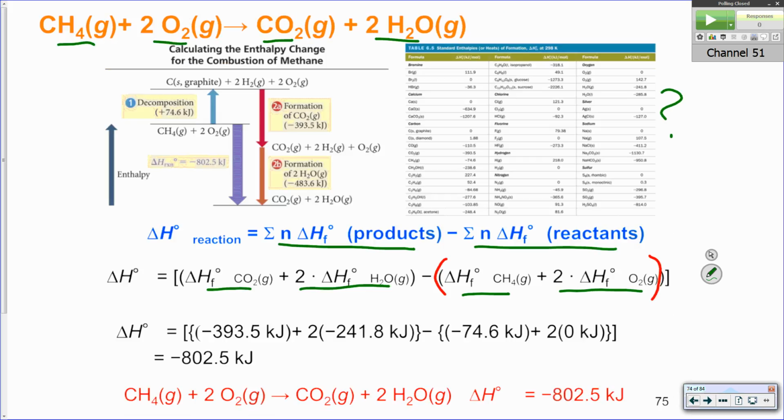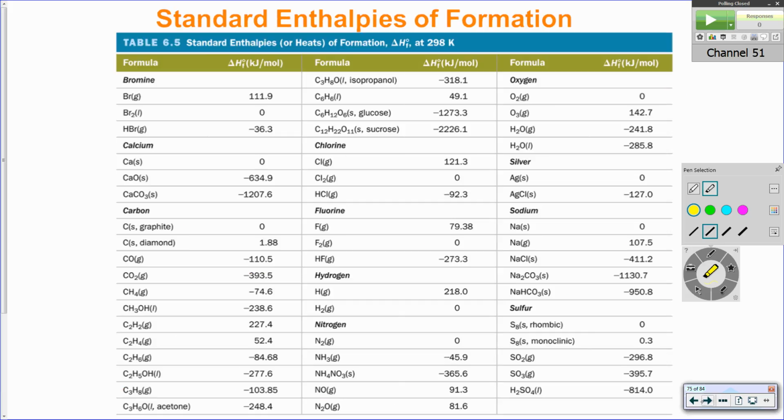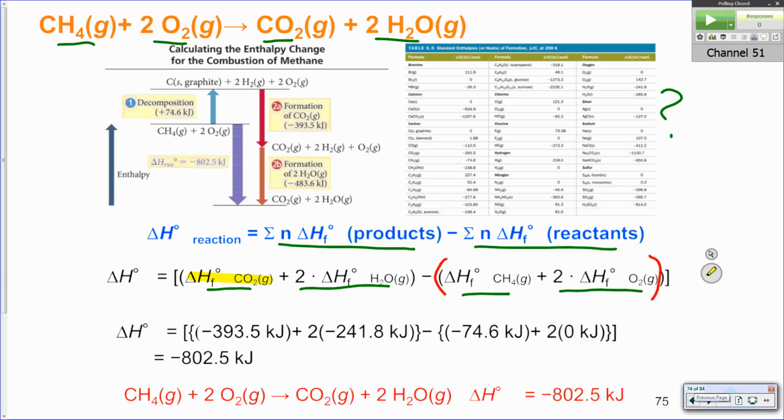So the first one I need to look up is what is the enthalpy of formation for CO2. All right, so I'm going to look that guy up, and I find CO2 in the table. So here's my CO2. It's a negative 393.5. All right, so I put that value in, negative 393.5.